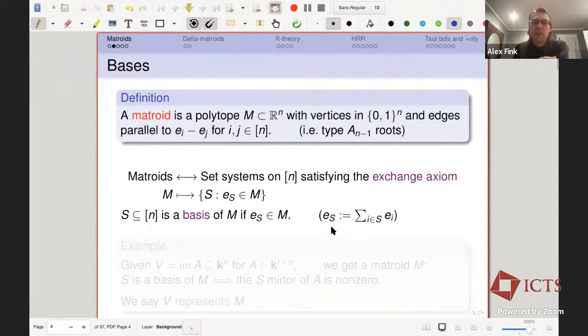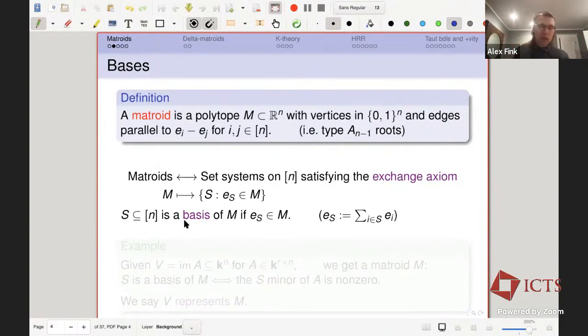Namely, I associate with each set its indicator vector. That is my e_S right here. And therefore, a matroid, as I've defined it, a polytope, can be associated to a set of sets, a set system, namely the set of all these sets that appear as its vertices. These sets are called bases.